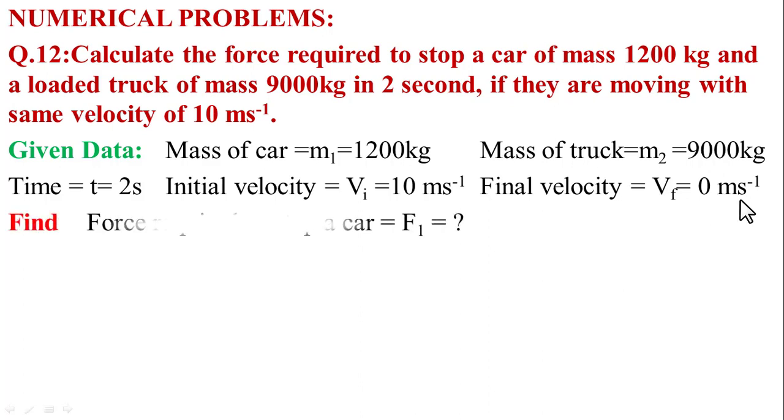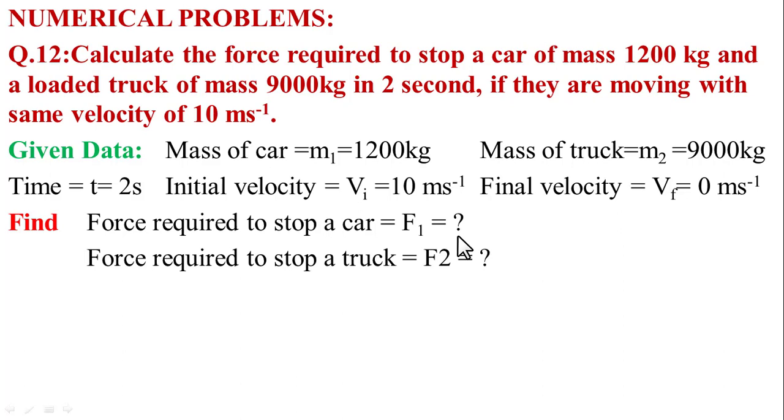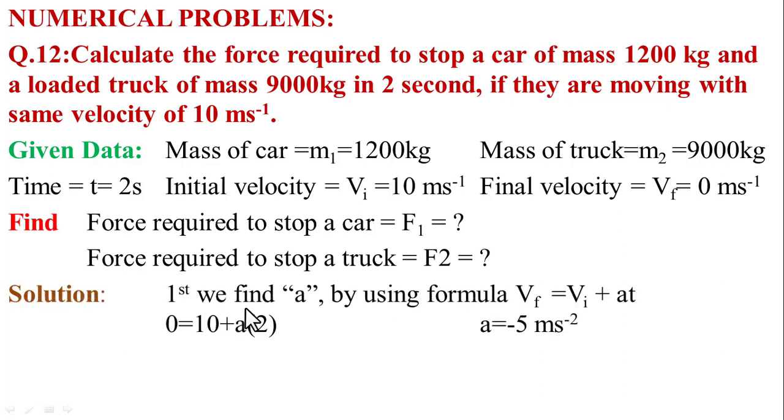According to the given statement, we have to find the force required to stop a car, F1, which is unknown, and also the force required to stop a truck, F2, which is also unknown. First of all, we can find the acceleration by using the first equation of motion. In the first equation of motion, Vf is equal to Vi plus At.